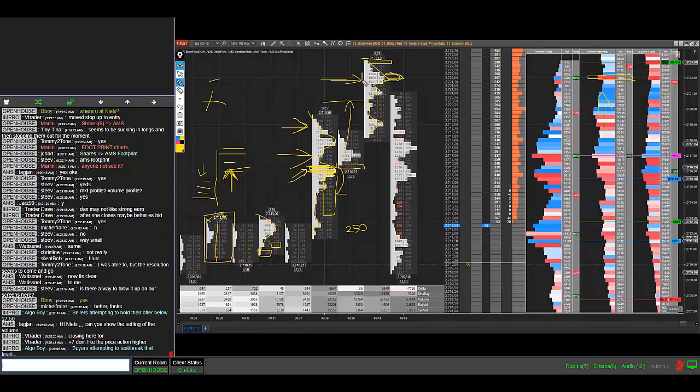Because they're supposed to hold it, because higher volume means a higher amount of interest, and if they want to hold it, they should put in some effort and try to keep it up here.